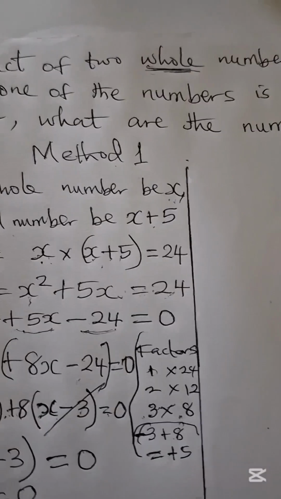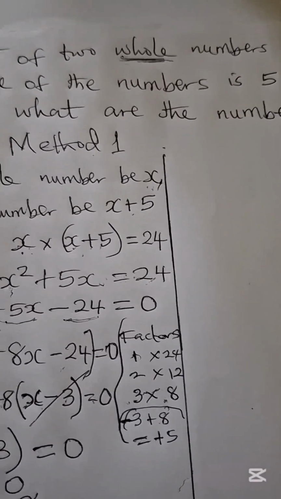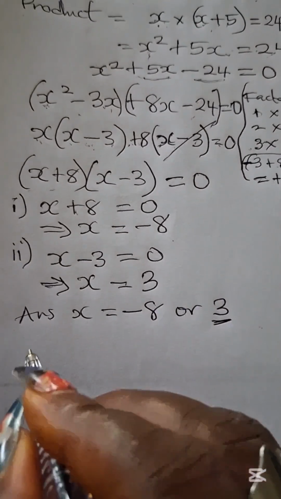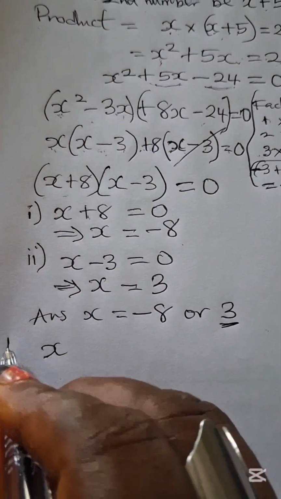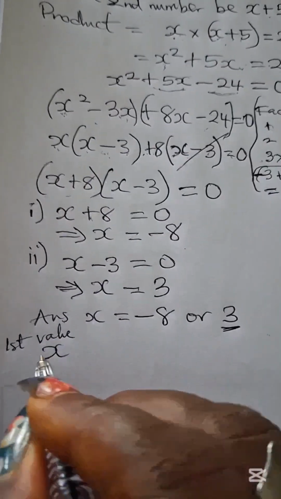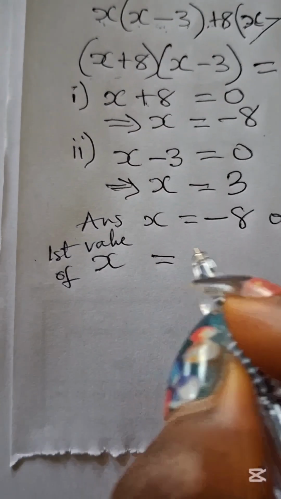But they want the answer to be whole numbers. So the only whole number here is 3. Okay? So the first value of x is equal to 3.